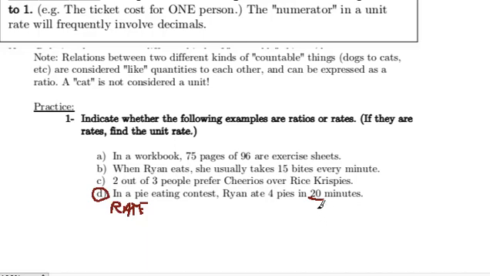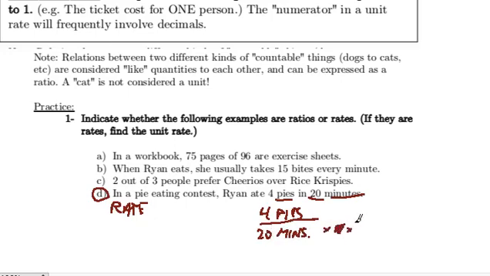Just per one of something makes it a unit rate. So you start off, okay, I got 4 pies. I've already decided pies are countable things, minutes is time. They're unlike quantities. This can't be a ratio. 4 pies for 20 minutes. I'm going to write it in a fraction because rates you always write in fractions. And then I say I want to get it to be per one of something. I'm going to get it to per 1 hour. It's not the only way to do it, but it's what I'm going to do.